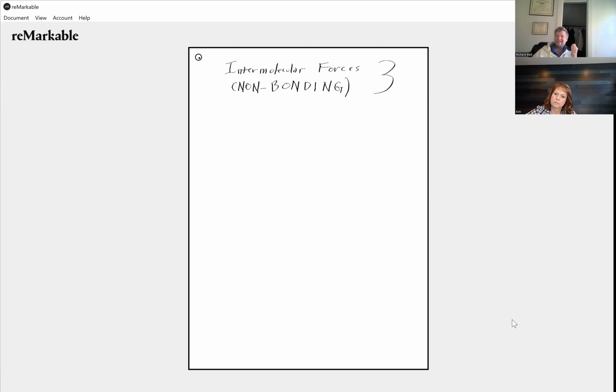We're going to start with the second one. Why in the heck would we start with the second one? It is the second strongest non-bonding intermolecular force. We start with it because it is the easiest to understand. So let's make the list.